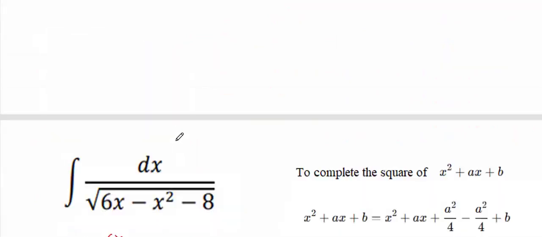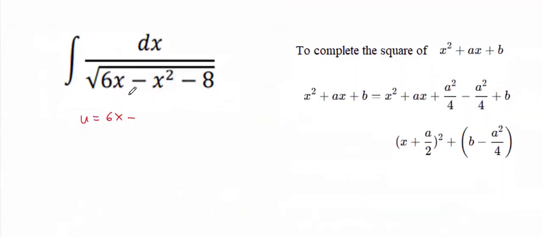Okay? So, let us look at this one. If we let u be 6x minus x squared minus 8, this does not reduce to u to the negative 1/2 du. So the integral is not equal to integral of some constant u raised to negative 1/2 du.